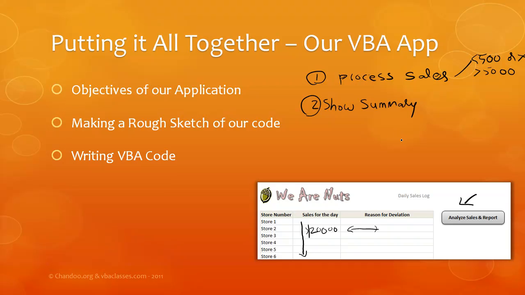Well, we want to show some quick statistics about the sales that we have logged for that day. The statistics that I'm primarily interested in are sum, count, min, max, and average. Right? These are the statistics that we are primarily interested in.